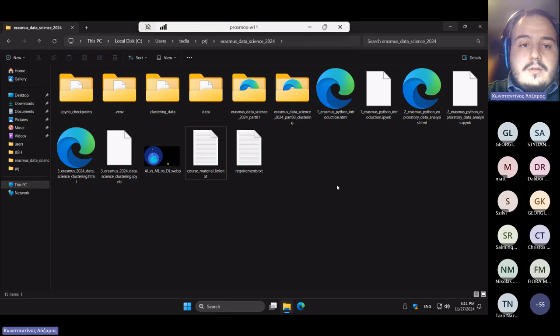So just as a reminder, yesterday we delved into an introductory course on pre-processing and exploratory data analysis. We used Iris, which is a benchmark data set. The day before yesterday, we went into the basics of Python and how to set up a VNV and all the necessary libraries. So today, before we go on with clustering, we cover what machine learning is and what the main types of machine learning are.